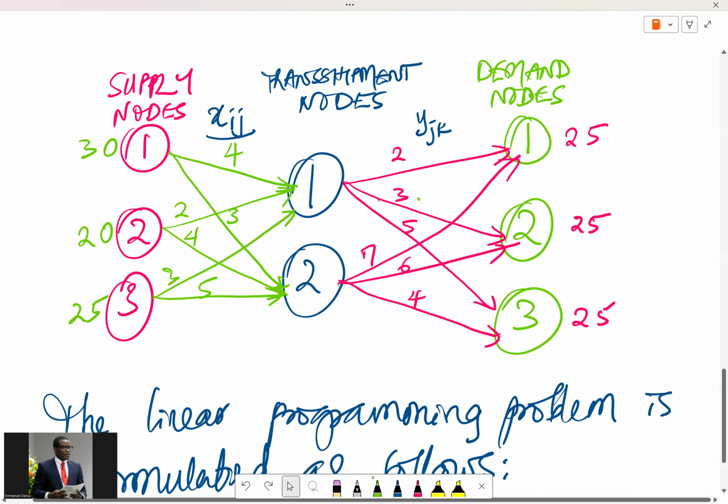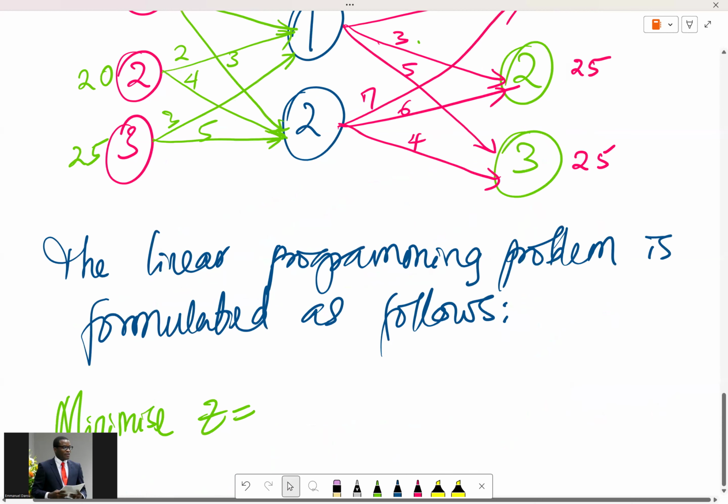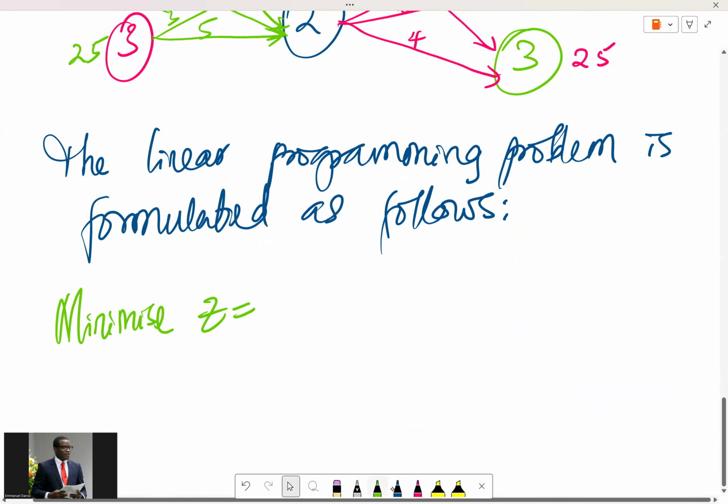Before we begin to write Z, let's talk about the decision variables. Really important.